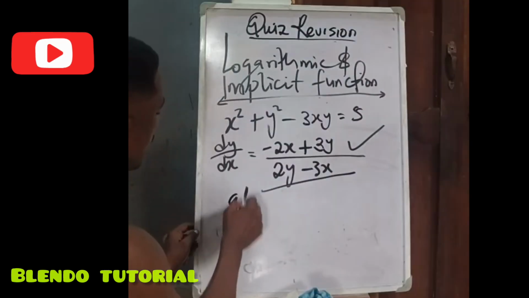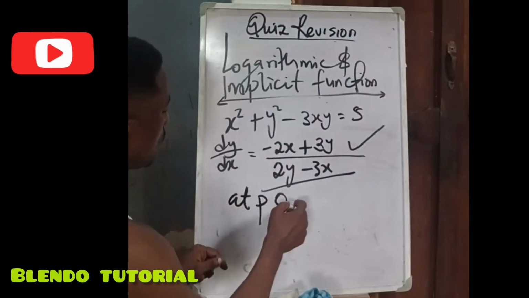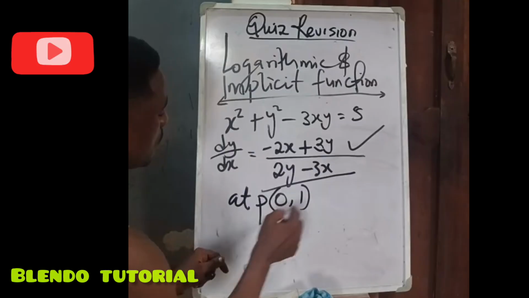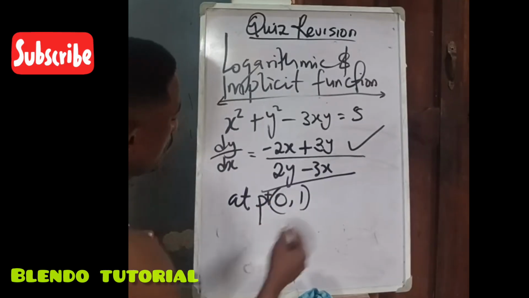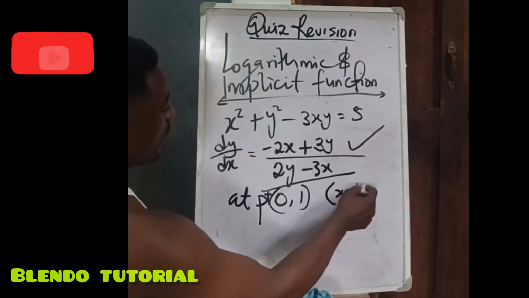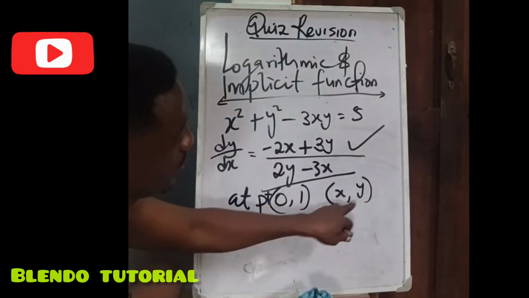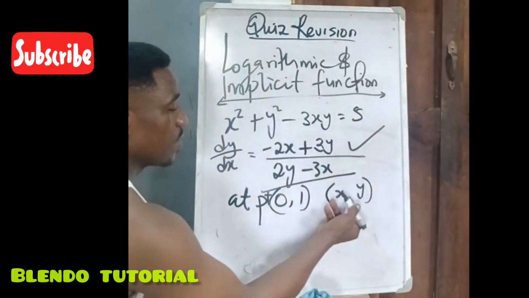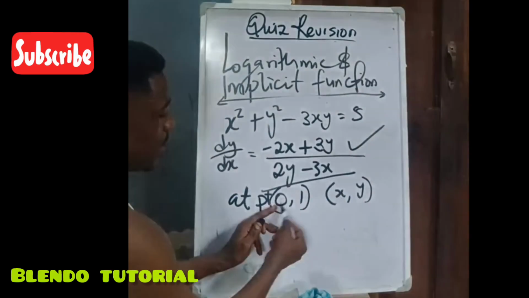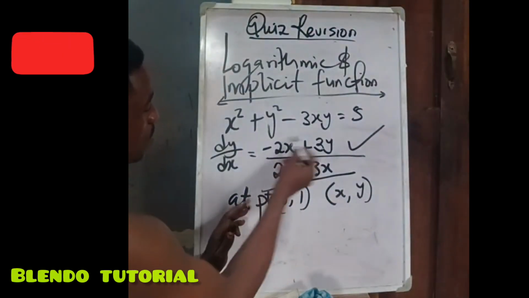At (0, 1). At (0, 1) means the point x is 0, y is 1. When x is 0, y is 1. You put it here.